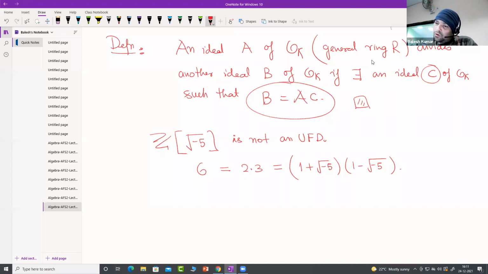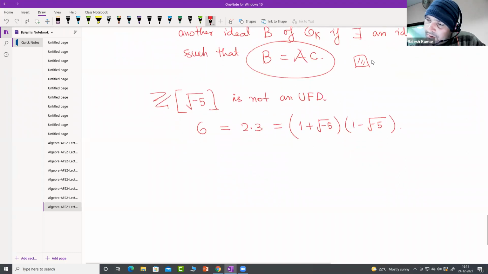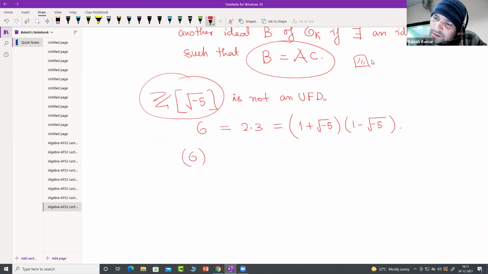But if one tries to look at the element 6 as an ideal, that means the ideal generated by 6 inside this ring, which will be 6 times Z[square root of -5], then one can write the ideal 6 as a product of prime ideals uniquely.